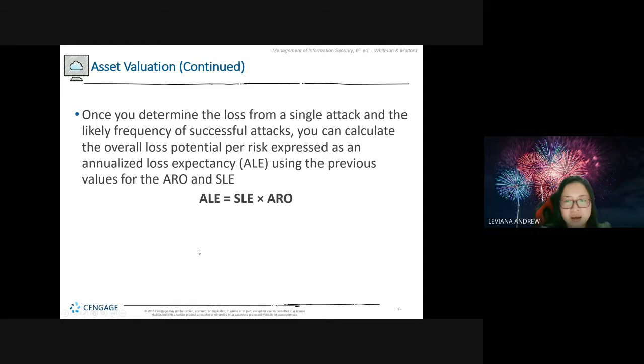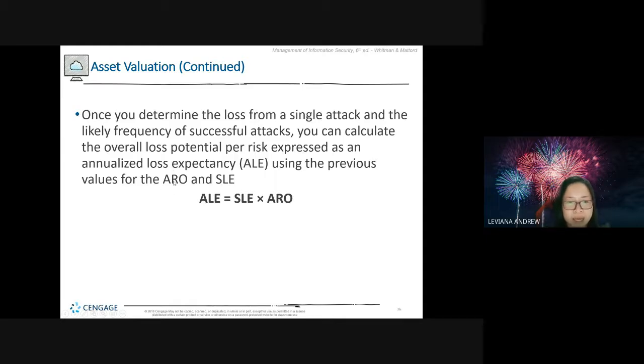Once you determine the loss from a single attack, the SLE, and then the likely frequency of successful attack, you can calculate the overall loss potential per risk, expressed as ALE, using the previous values for ARO and SLE.